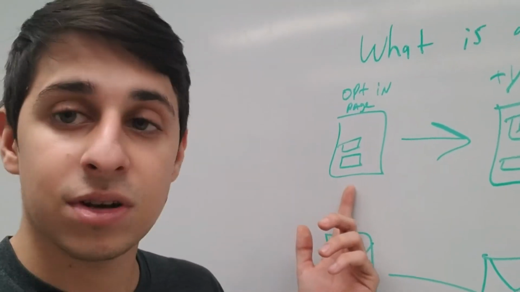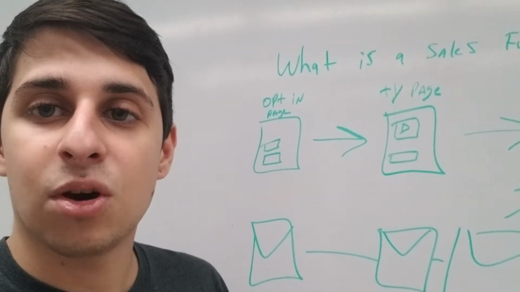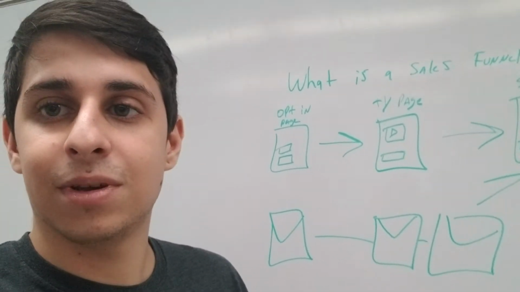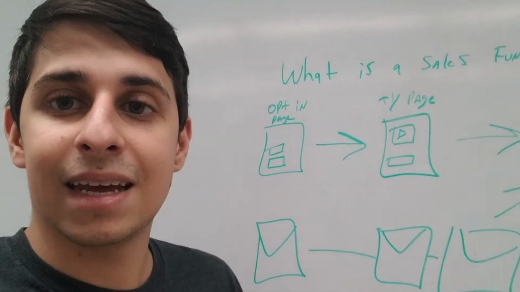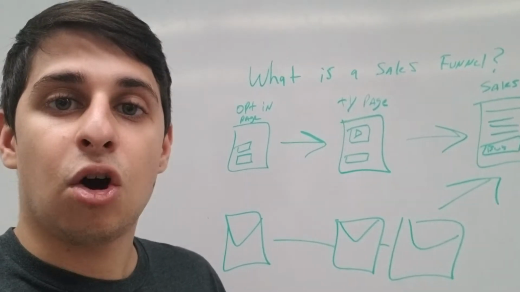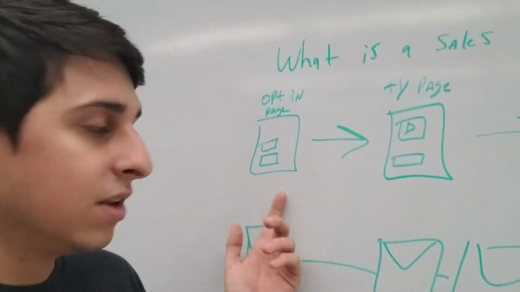In order for us to get their email address, we have to give something away for free. It could be a PDF or a free video, but we have to make it an irresistible offer, something that our target audience really wants. So that's the opt-in page.